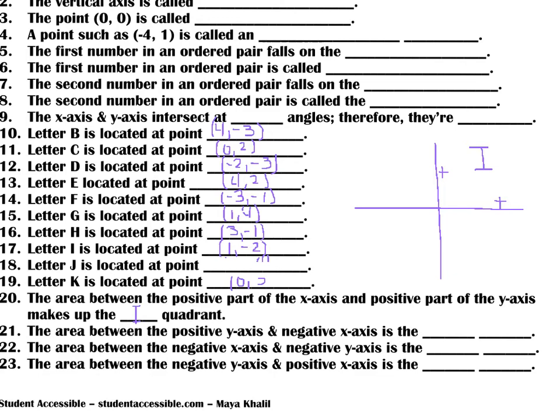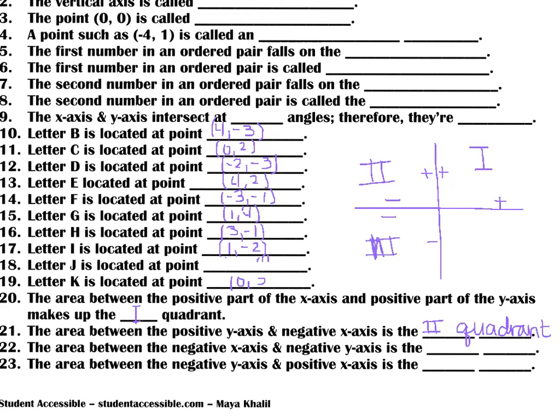Then the area between the positive y-axis and the negative x-axis is the second quadrant. So we use the Roman numeral 2 and then the word quadrant. And then the area between the negative x and the negative y is called the third quadrant.